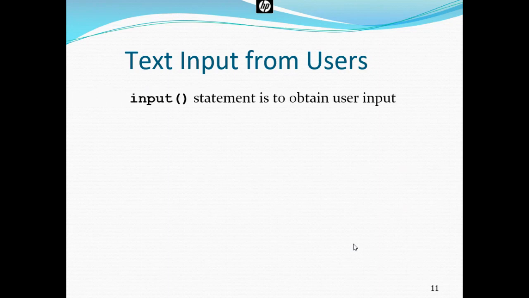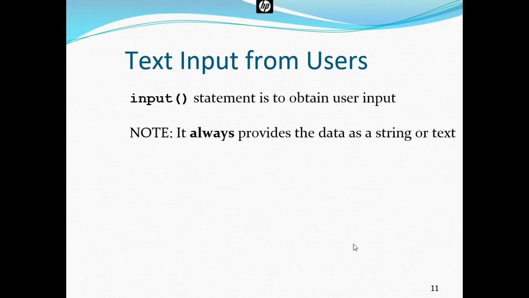The built-in function we use is input, and input always gives you a string or text information. String or text means it's not a number, even though you're asking for a number. You have to put a function in there to change it into a number. We'll talk about that.